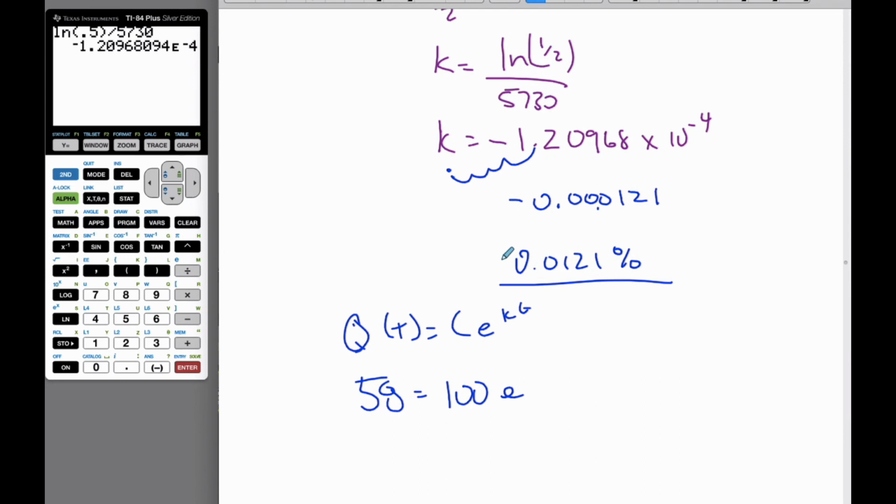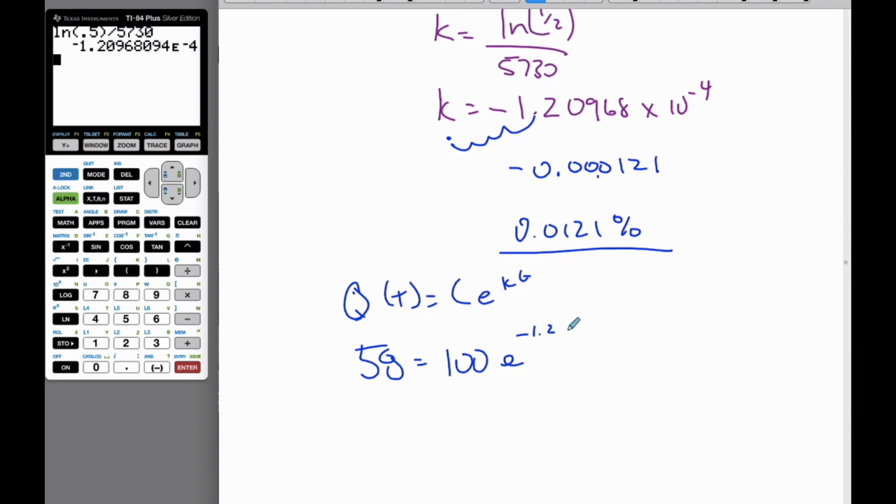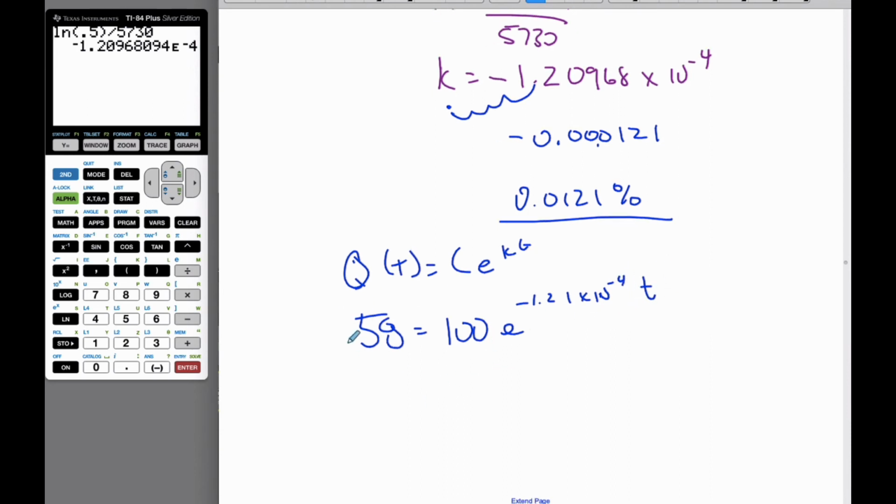K is negative 1.21 times 10 to the minus 4, times t. I'm looking to find t. So dividing by 100 gives me 0.58 equal to e to the negative 1.21 times 10 to the minus 4 t.